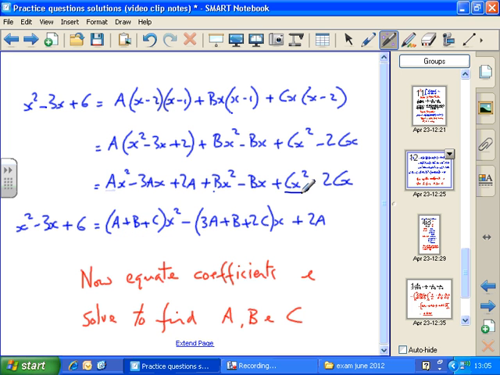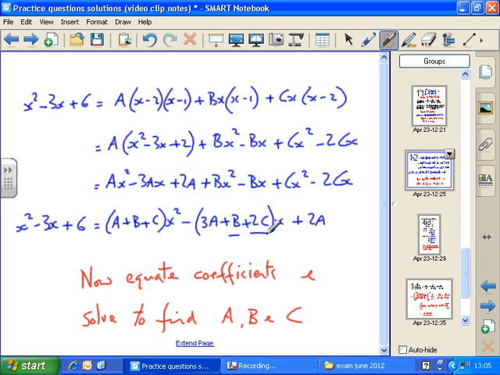This one's one to be careful of. Minus 3ax minus bx minus 2cx. So it's minus 3a x, but minus outside the bracket means it's plus b inside, plus 2c inside.